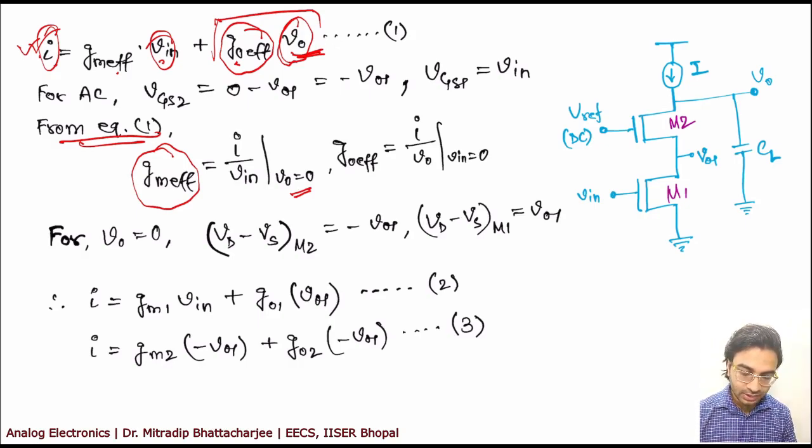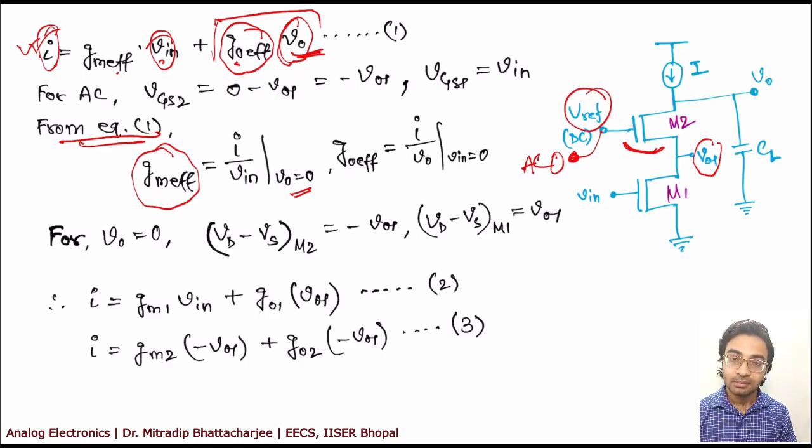And for AC, what is VGS2? VGS of the second MOSFET M2 is equal to 0 minus V01. What is the AC value at the gate terminal of M2? 0. The AC value is 0. VREF is a DC biasing, so there is no AC. So if I only consider AC analysis, VGS of M2 will be minus V01.